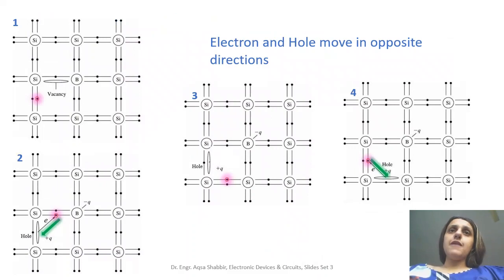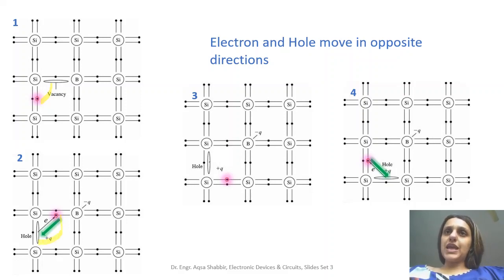Over here in figures 1, 2, 3 and 4, the movement of electrons and holes that we have been studying earlier is summarized. Over here in figure 1, this electron moves in to fill in this empty vacancy. We see here in figure 2 that as the electron, which was originally over here, had moved in to fill in the vacancy here, the vacancy which was present here moves over here.